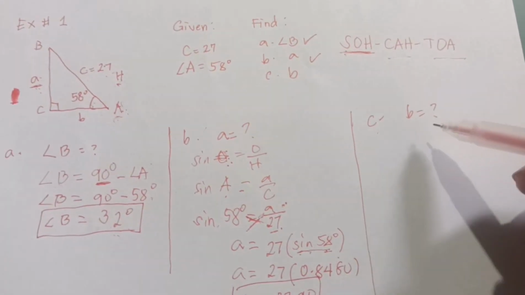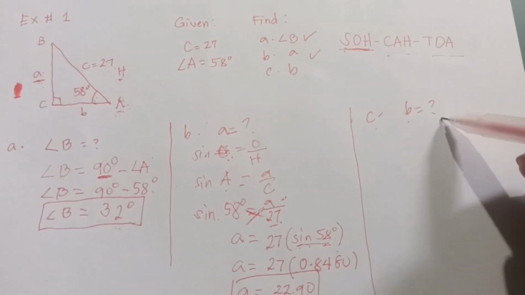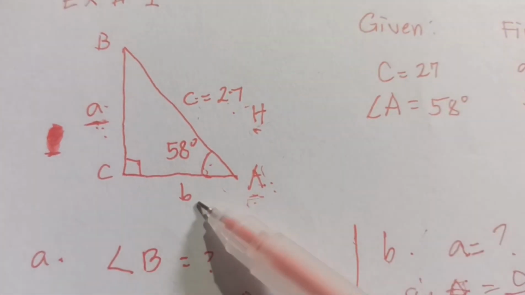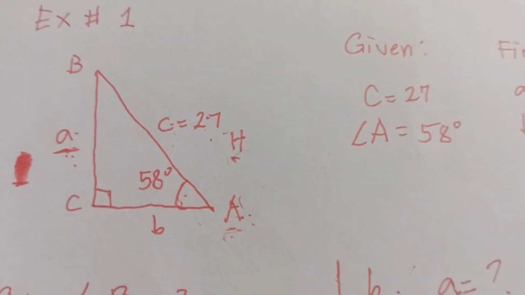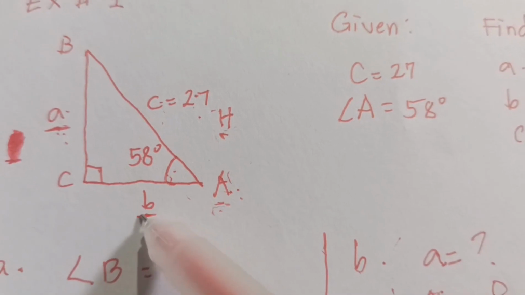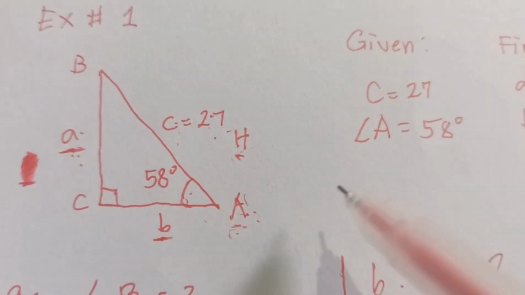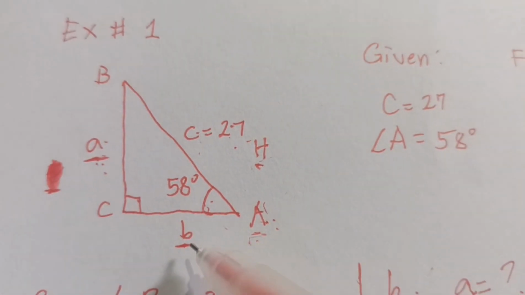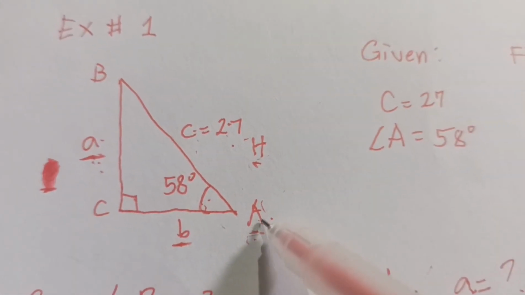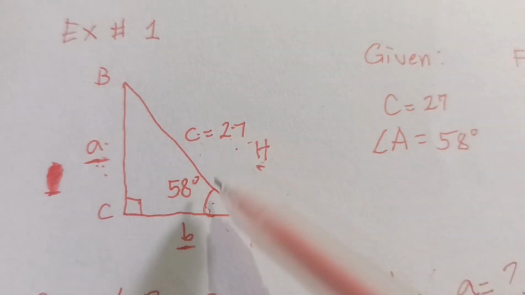So for letter C, we're going to look for the measure of side B. Let us go back to our figure here. Our side B is here. Of course, we are going to relate our side B to the given angle A and side C. We only relate it to A or C because they are the only given.